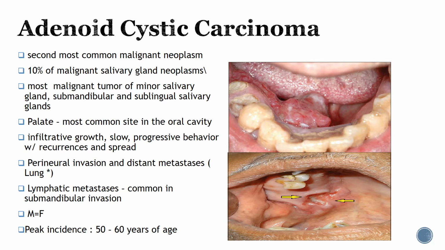There is a propensity for perineural invasion and distant metastasis, of which the lung is the most common. Lymphatic metastasis is not common except for submandibular origin. It occurs with equal incidence in men and women over a wide age range, with a peak incidence between 50 and 60 years of age.